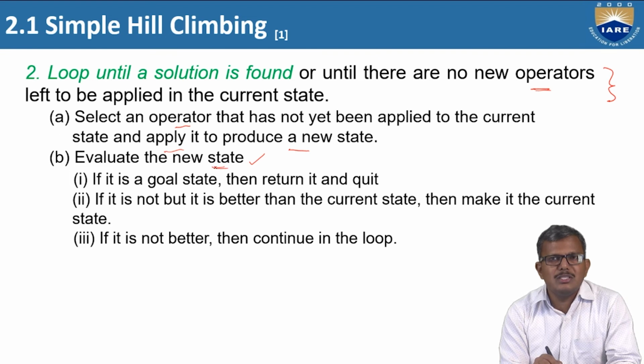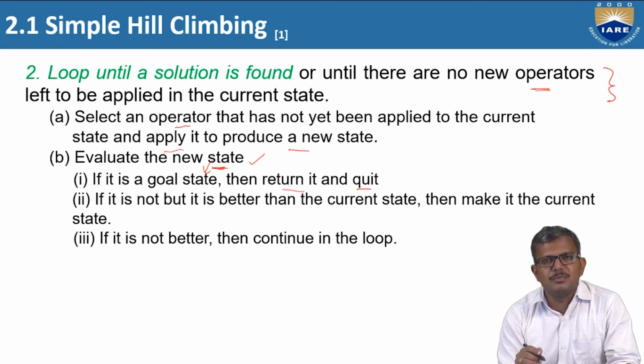Once a new state is created, our next duty is to compare it with the goal state. Why? Because we cannot guarantee, we are not sure. So again we are doing the comparison. If the newly created state matches your goal state, then simply you can return it and quit. Why? Because you have reached the goal state. No need to continue the search process.